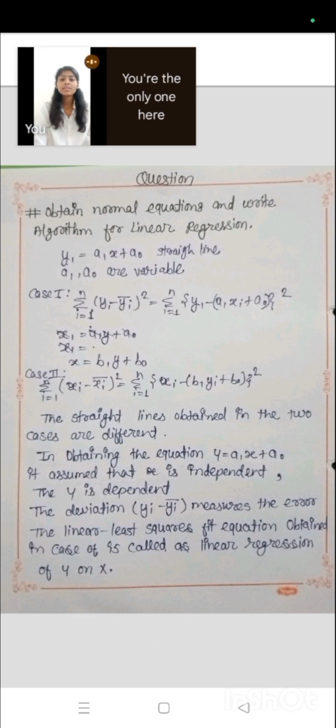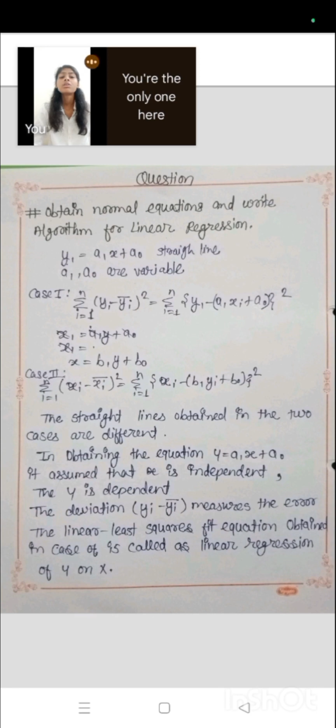And in the second case, we obtain the straight line x = b1 y + b0, and the deviation would be the summation for i = 1 to n of (xi minus xi bar) square, equal to the summation for i = 1 to n of (xi minus (b1 yi + b0)) square. And the straight lines obtained in the two cases are different.